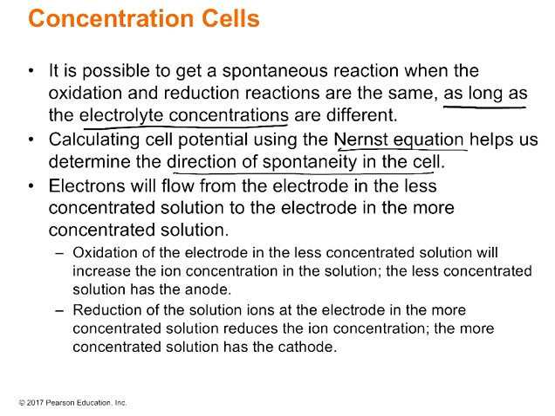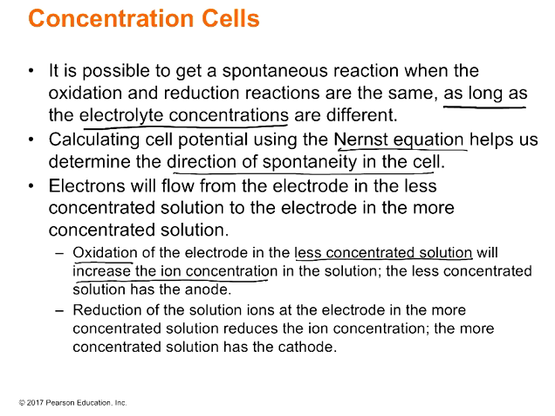So on the left-hand side, we had oxidation, and that was the less concentrated solution. When the copper electrode oxidizes, it's going to produce more ions. So we're going to see an increase in the ion concentration in the solution.